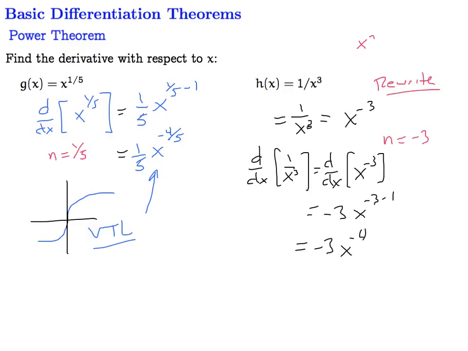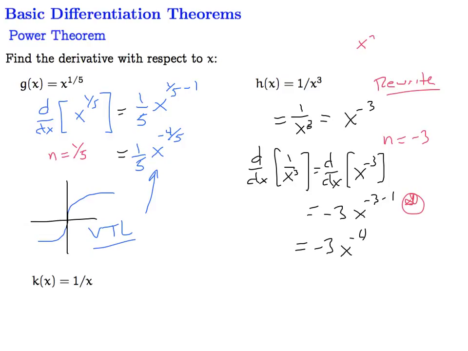This is a step that many people go through quickly, they write too fast, and they're going to end up with a negative 2 here instead of a negative 4, so we just want to be careful, show our work, and check our steps, that this is indeed the right answer. Let's look at one more example before we move on.